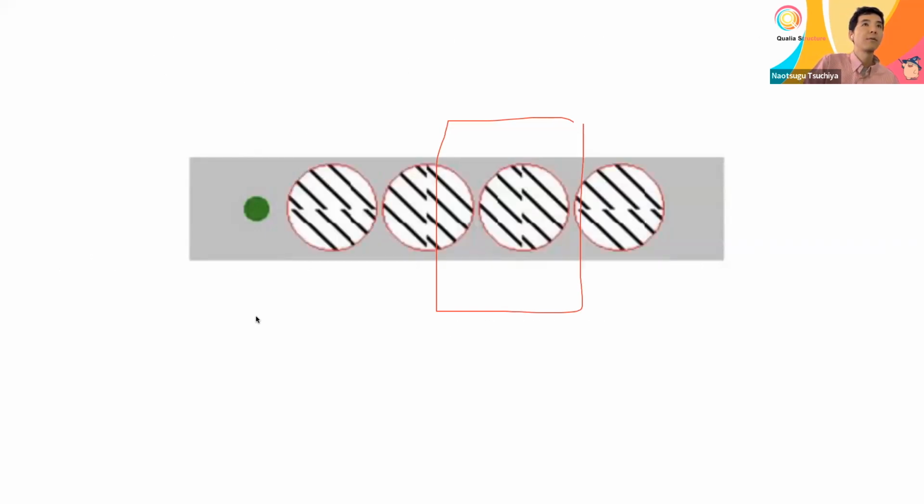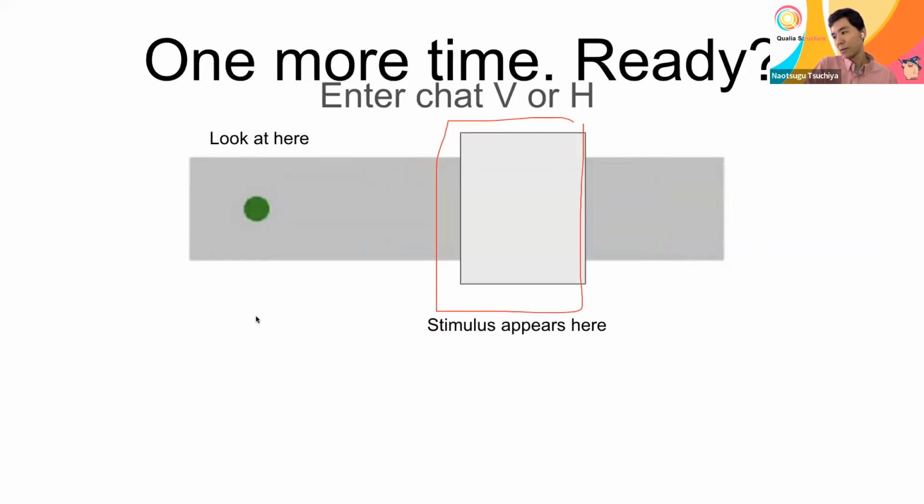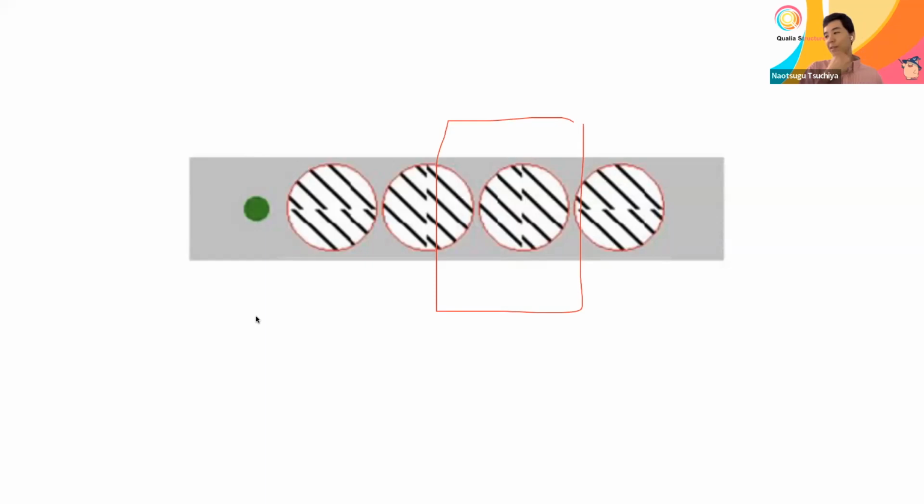Don't move your eyes. And I'll gradually increase the duration of the stimulation. The longer you see, can you start to see? Hopefully, even if I show it for a really, really long time, or knowing that it is vertical, if you look back at the green, you probably can't see it.